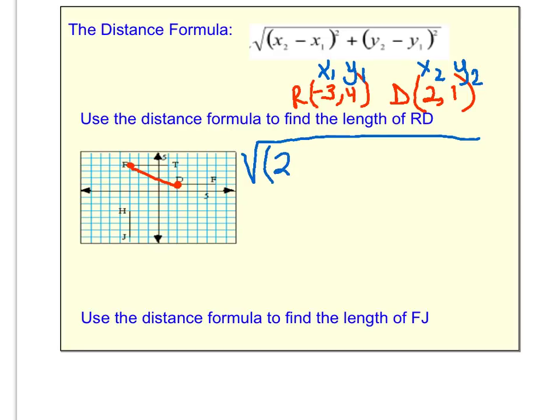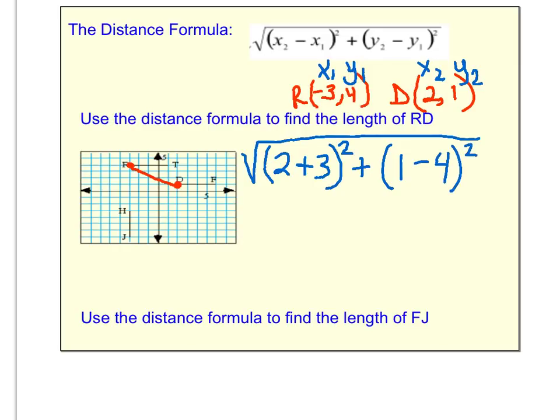So we get 2 minus a negative 3. Now remember that when you subtract a negative, it's going to turn to a plus. So because this is a negative 3 and this is a minus sign, this becomes a plus. And then we have the plus sign and y2, which is 1, minus y1, which is 4.